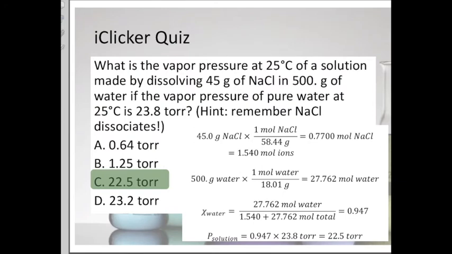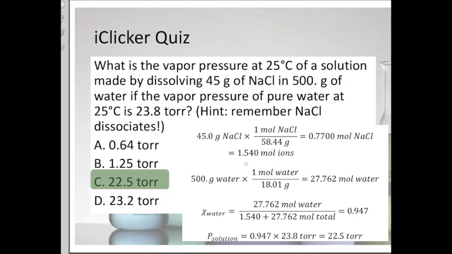Now we have a practice problem that we'll look at. We have a solution of sodium chloride in water, and it's at 25 degrees, so we know the vapor pressure of water at 25 degrees is 23.8 torr. We have to remember that sodium chloride is going to actually dissociate into 2 moles of ions. So when we calculate from our mass, we get the number of moles, and we have to multiply by 2 to get the total number of moles of ions. This is important so that we get the right mole fraction.